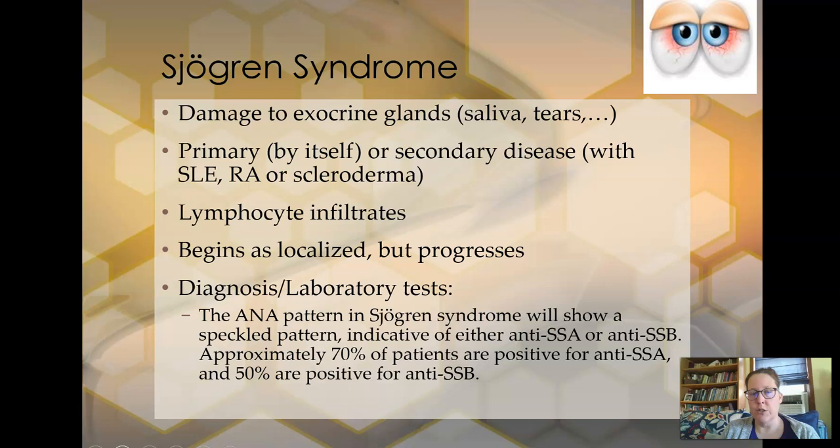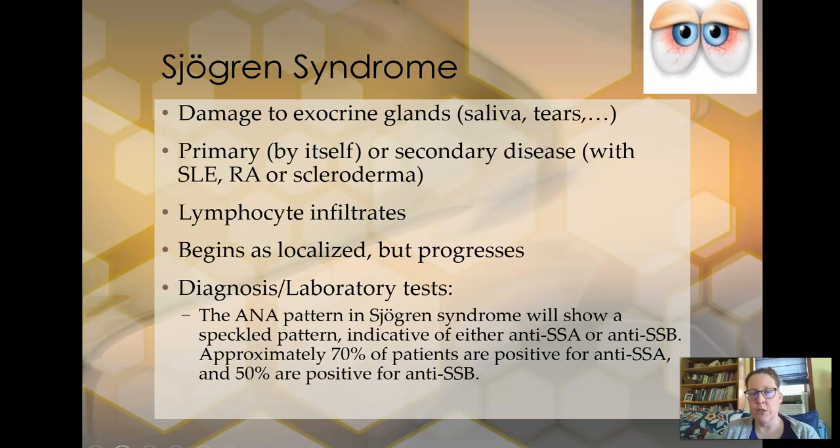Those are some examples of other autoimmune diseases that tend to happen with Sjogren's syndrome. Also, on a side note, if you have one autoimmune disease, you are more likely to get another. For example, if you have celiac disease, which is an autoimmune disease, you are more prone to develop type 1 diabetes and Hashimoto's thyroiditis.